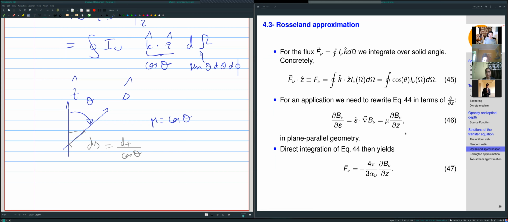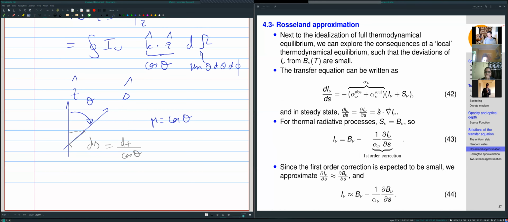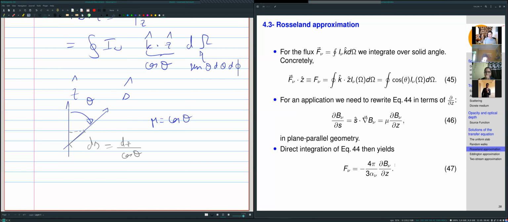Okay. And so we integrate equation 44, which is this Rosseland approximation. Let me write equation 44.